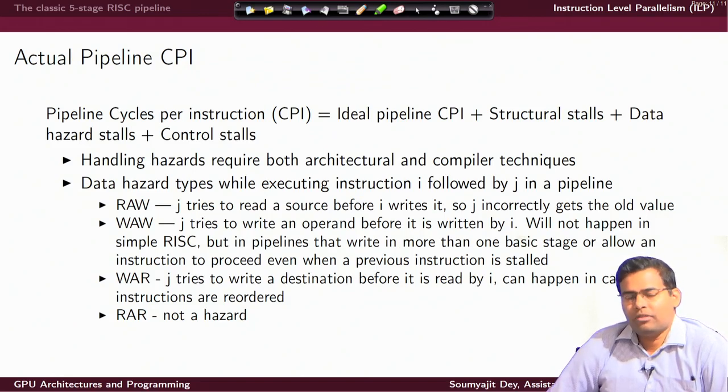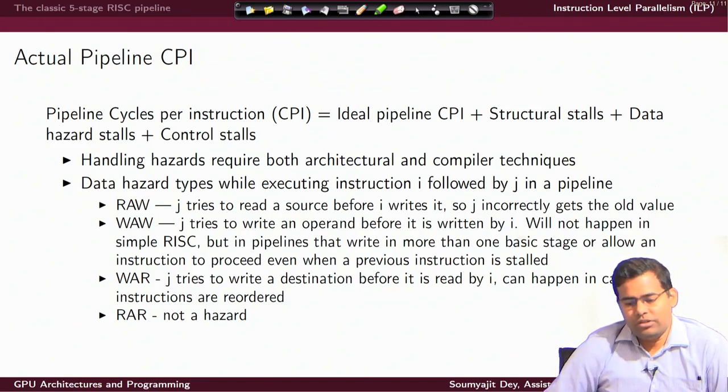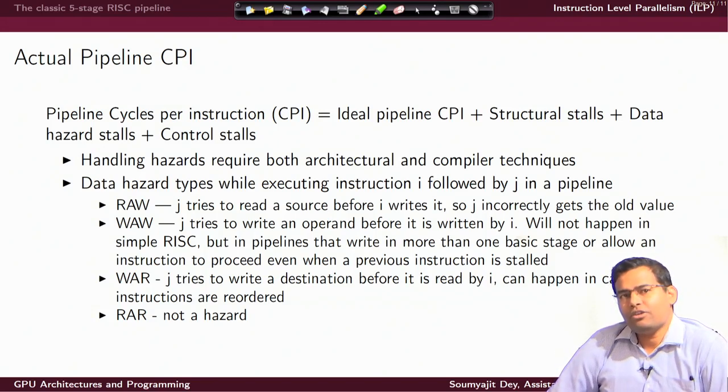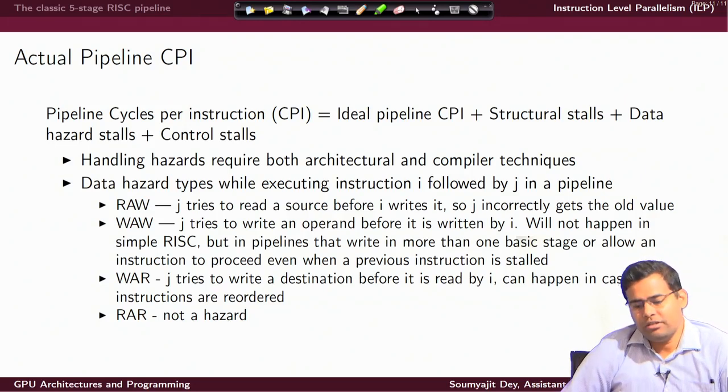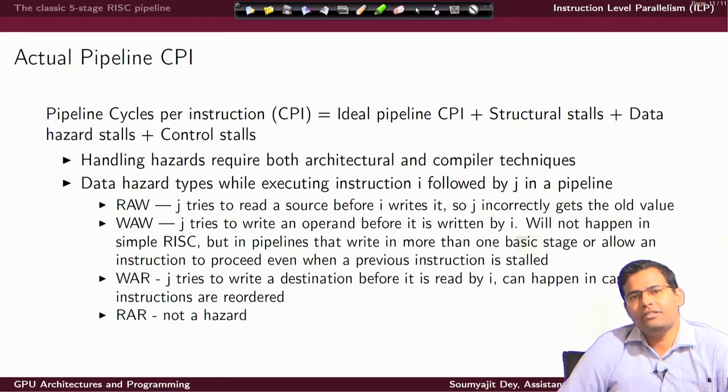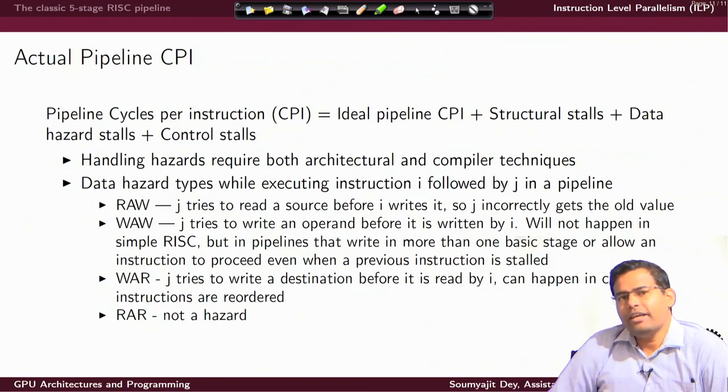per instruction. Now, if I am trying to compute this CPI inside a pipeline execution, what is the actual CPI? That depends on several factors. As we have discussed earlier, consider a multi-stage pipeline where an instruction's operation is broken down into several basic stages, and every stage is engaged in processing some instruction without any kind of stall.